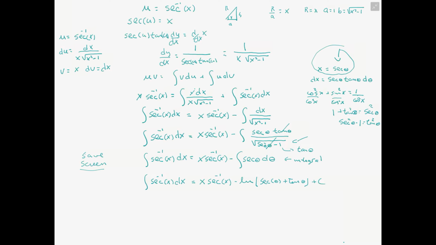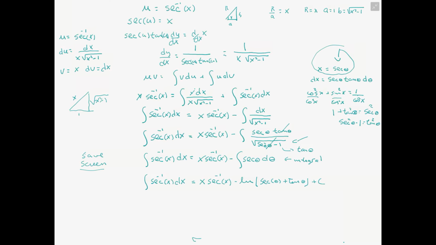But remember, x was secant theta. So we have secant theta is x, and tangent theta is the square root of x squared minus 1.